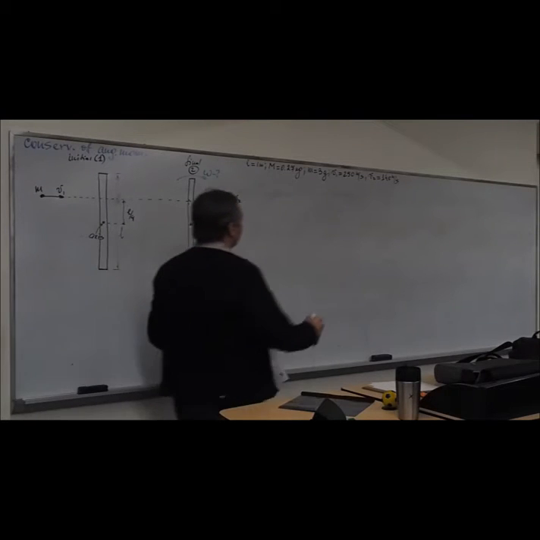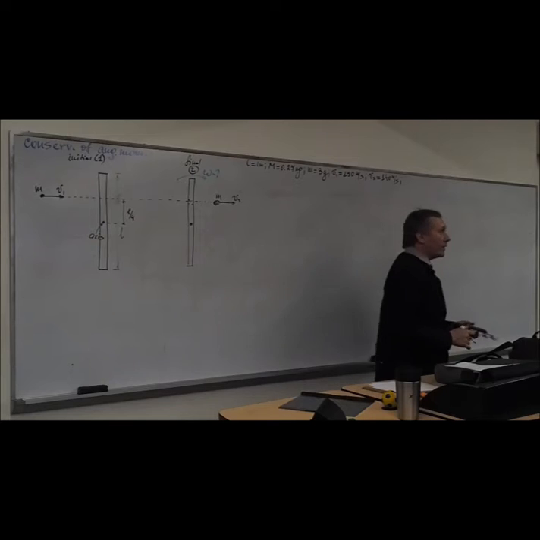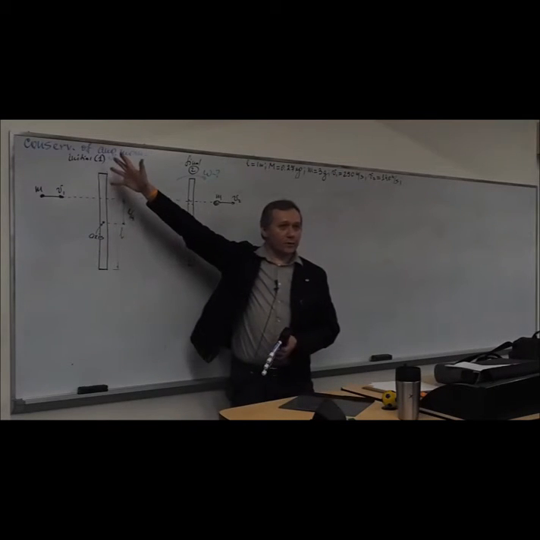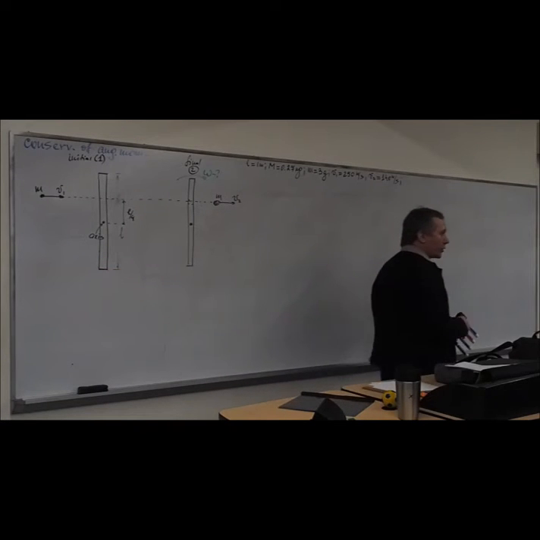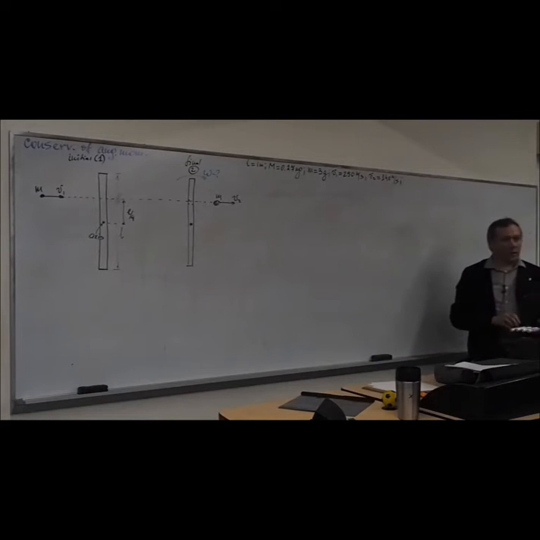Then, what else would we need? As I told you, whenever you have rotation of a rigid object, we need the moment of inertia of that object, and I told you I will give you that formula.